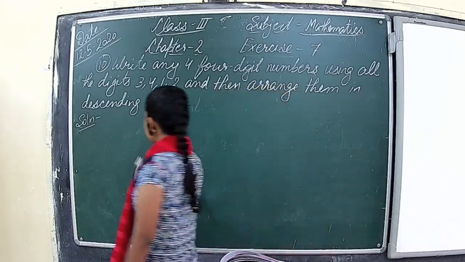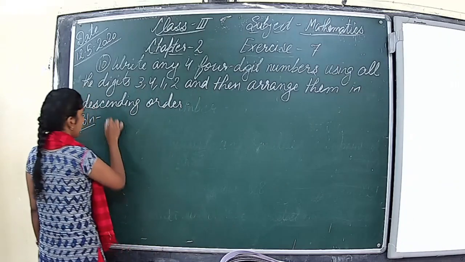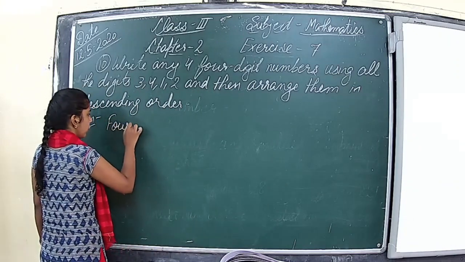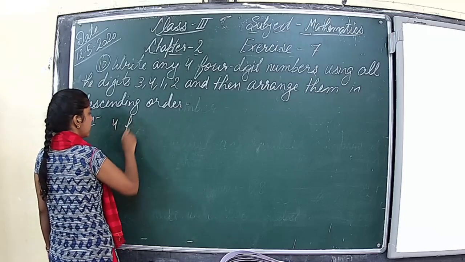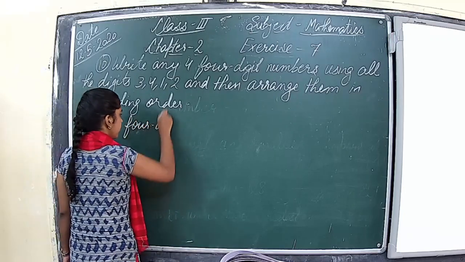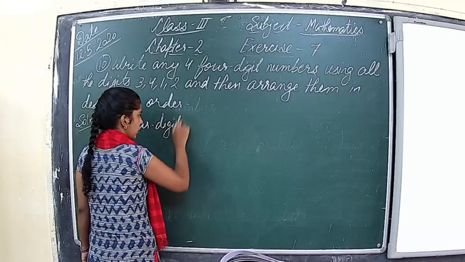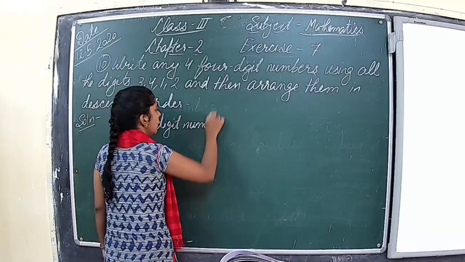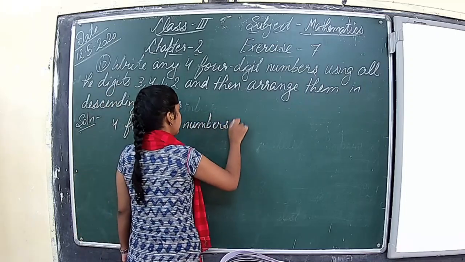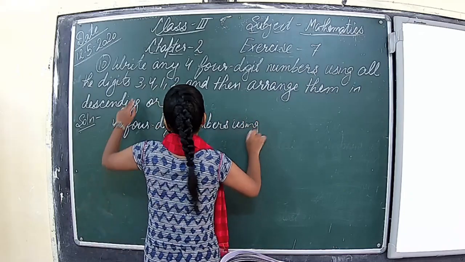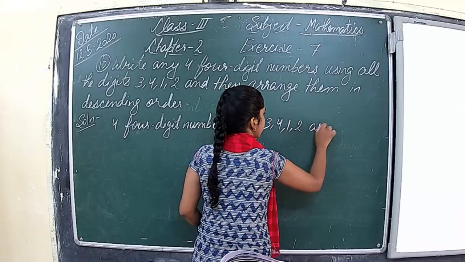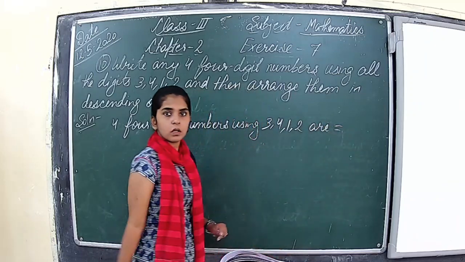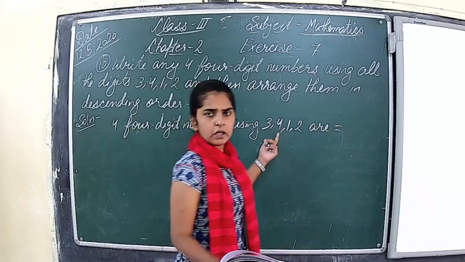Okay? Suppose I am forming here numbers which are 4-digit numbers using 3, 4, 1 and 2. So we can form any number.